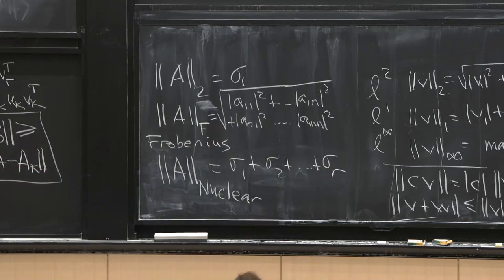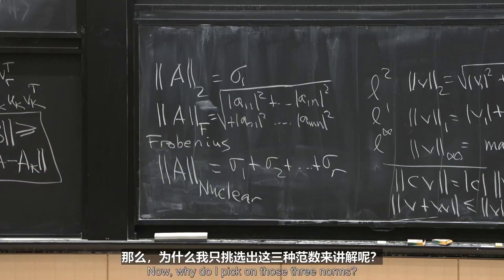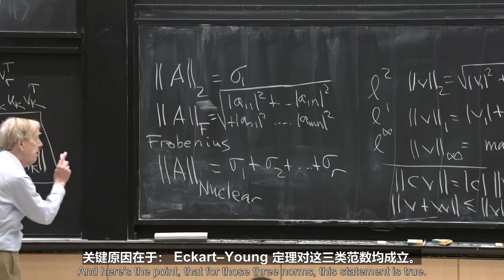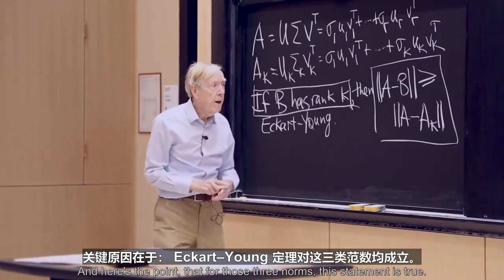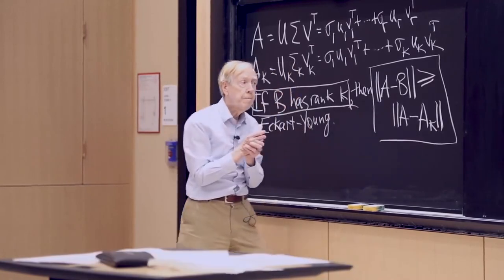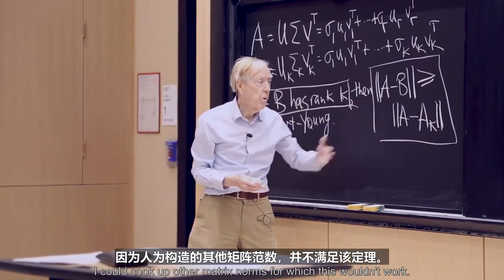Okay, so those are 3 norms. Now, why do I pick on those 3 norms? Here's the point: for those 3 norms, this statement is true. I could cook up other matrix norms for which this wouldn't work.